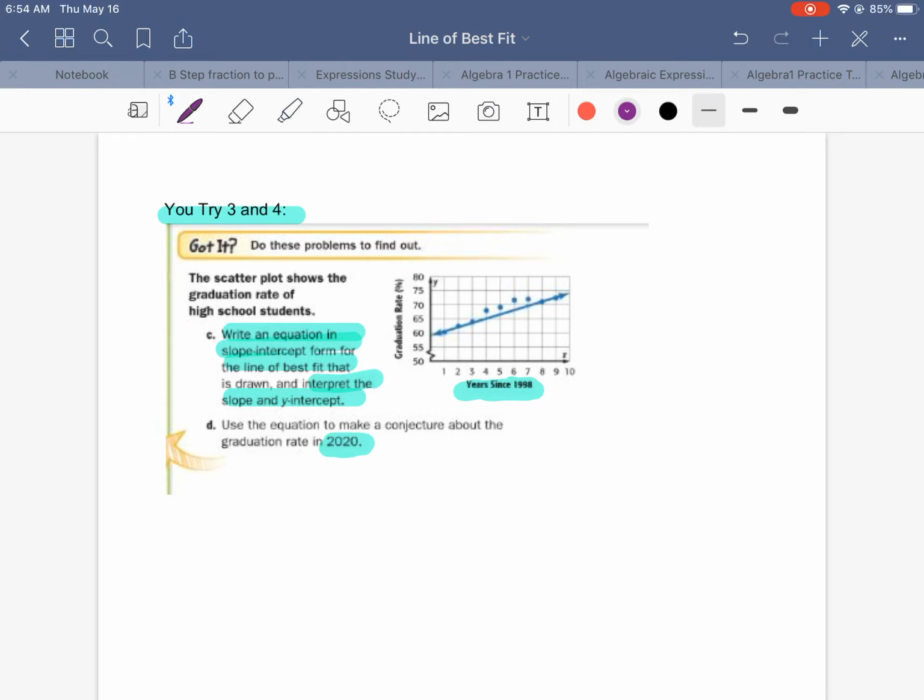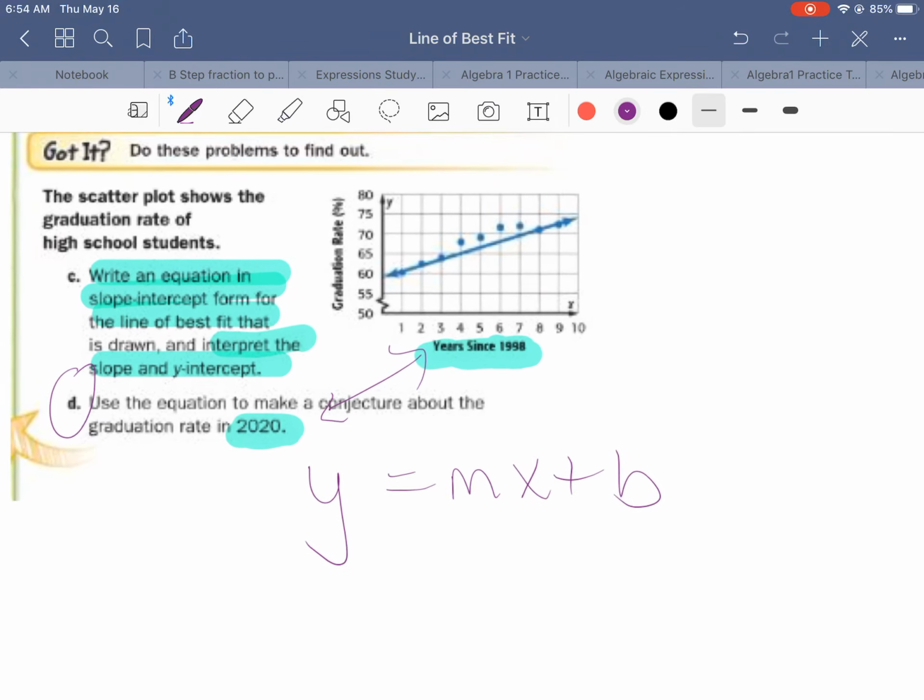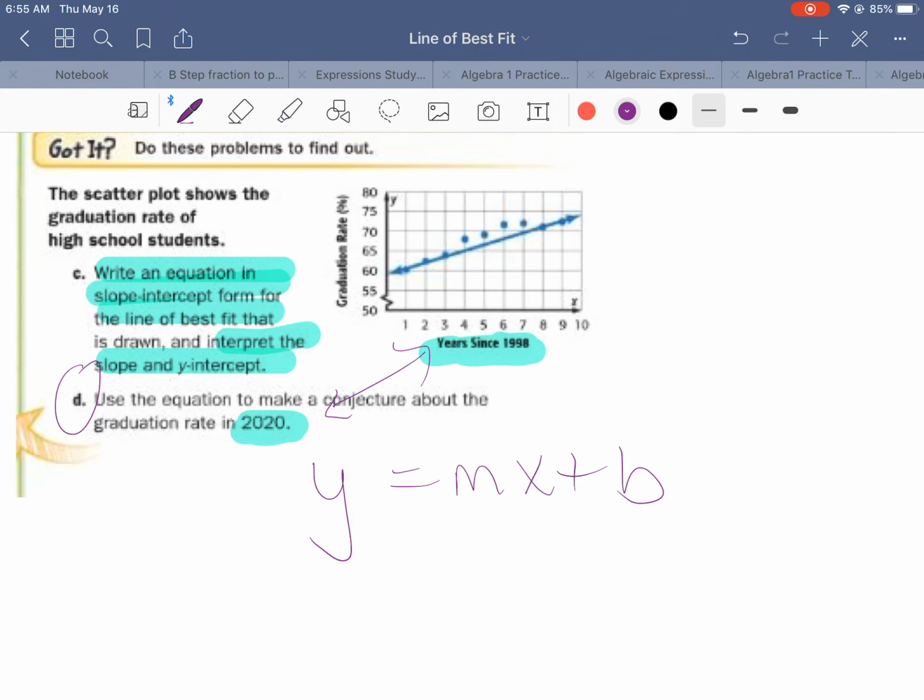And that's years since 1998, so make sure you pay attention to that. It's very similar to the last question. You need to get a y equals mx plus b equation, and then answer what the rate will be in 2020. Remember to find your slope, pick any 2 points on the line. They may not be data points, and that's okay.